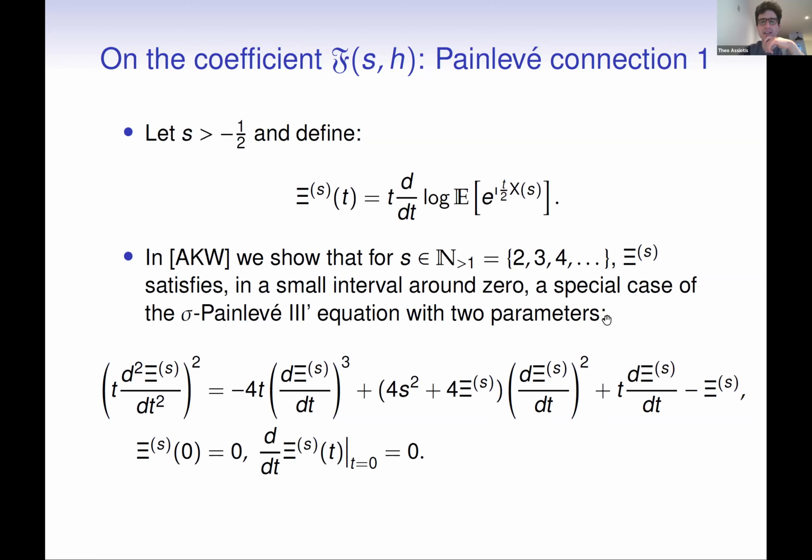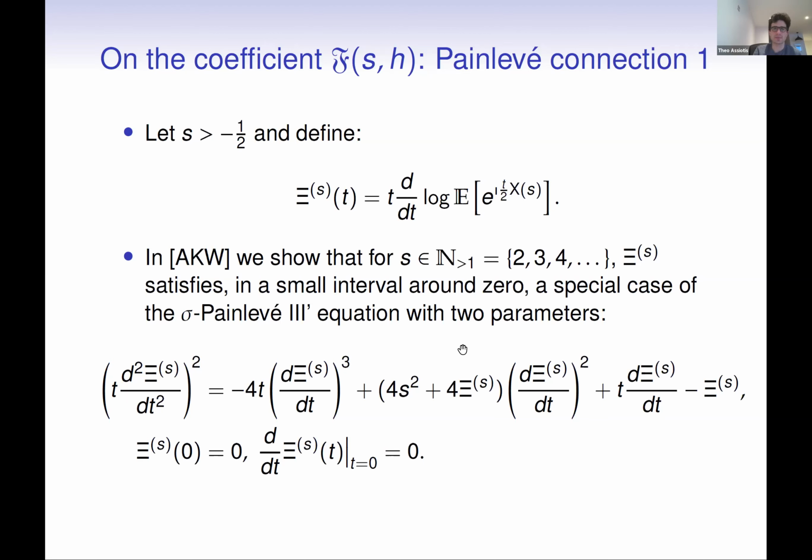So we need to include 0 in a way to argue. If we want to connect the characteristic function and say something about it from the moments, then we need to include 0. That's why we need s bigger than 1, because we need a certain number of moments. Okay, so this was the result here.